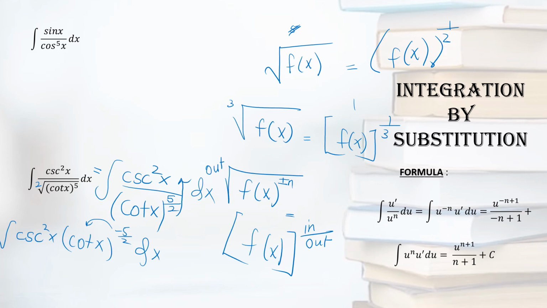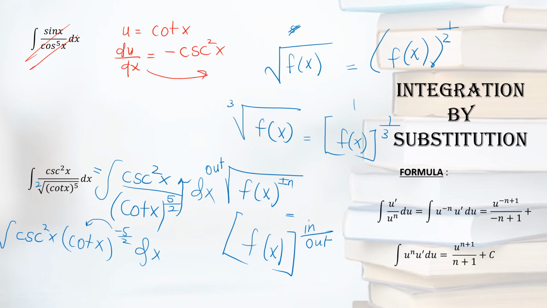So in such a case, your u will be cot x, because you are considering cot x to the power negative 5 over 2. So I am writing here, u will be your cot x. So the derivative with respect to x of cot x is negative cosec square x.